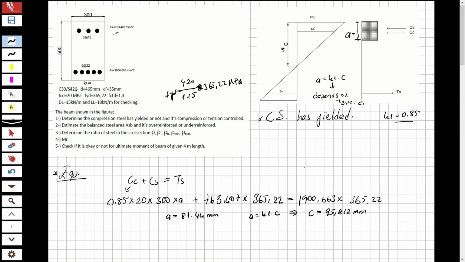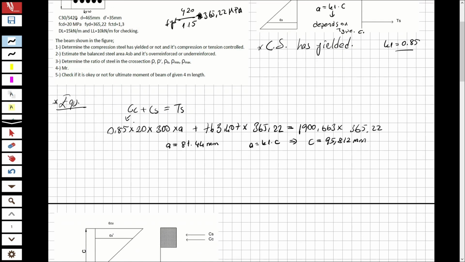Now I'm going to take the similarity of the triangles, so I'm going to obtain the yield point of the steels. This is the yield point of the top steel, this is for the bottom steel, and this is the yield point of the concrete. So I'm going to write a ratio like that.